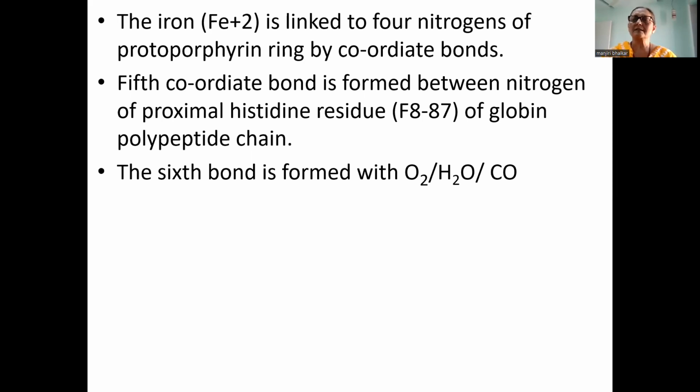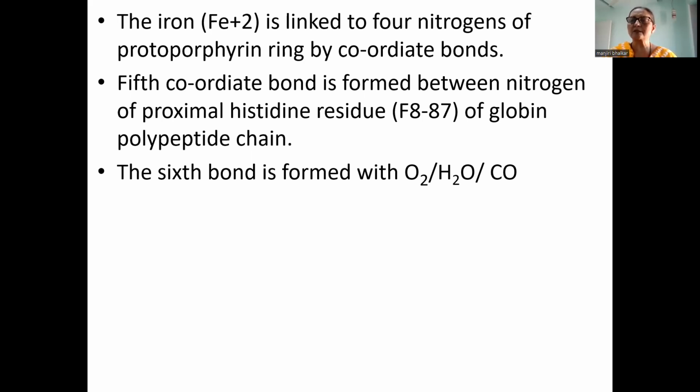But remember, the site for binding of oxygen to hemoglobin is always the iron of heme. It is the same site where carbon monoxide also binds, and that is where the danger lies. Carbon monoxide has higher affinity for the iron of the heme compared to oxygen.